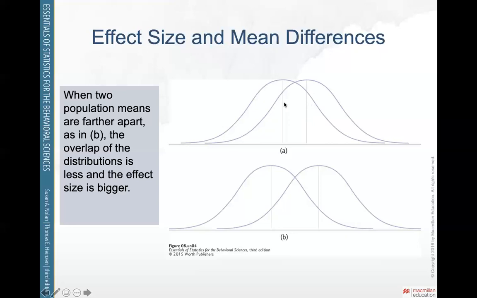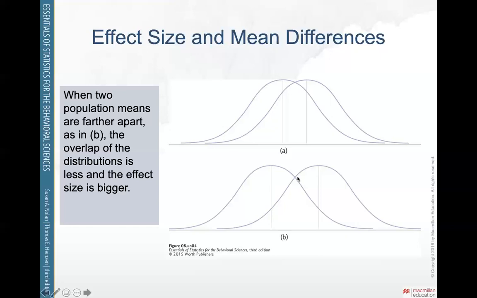So that gives us a smaller Cohen's d, because the numerator of our Cohen's d would be smaller because the m and the mu are close together, which gives a small numerator, which gives a small Cohen's d. Looking down here, it's a different story though. You can see that for this example B, the mean of the sample and the mean of the population are relatively further apart, which makes the numerator of our Cohen's d bigger, which gives us an overall bigger value of Cohen's d.